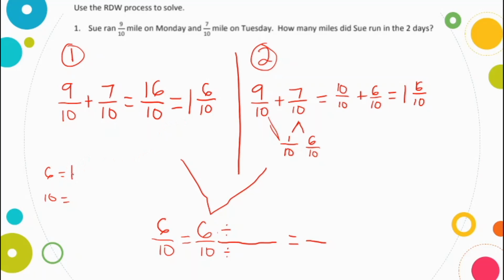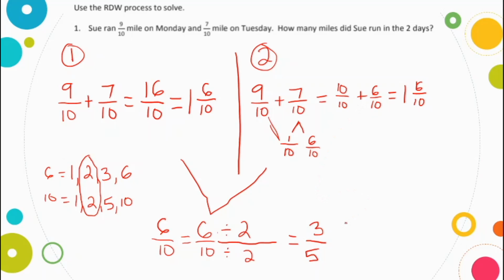We know 1 is a factor, 2 is a factor, 3 is a factor, and 6 is a factor. And for 10, we know that 1's a factor, 2's a factor, 5's a factor, and 10 is a factor. So the one they have in common is 2. So let's divide both sides by 2. So 10 divided by 2 will give us 5, and 6 divided by 2 will give us 3.